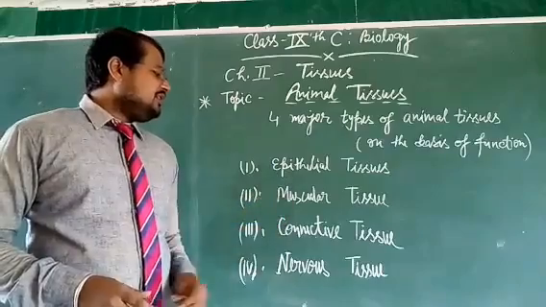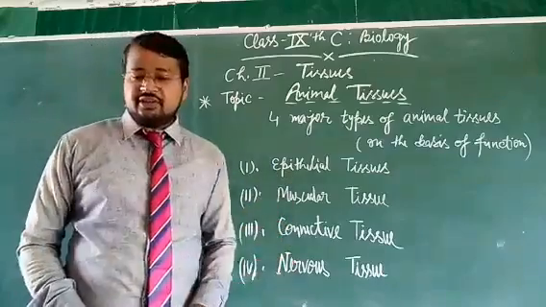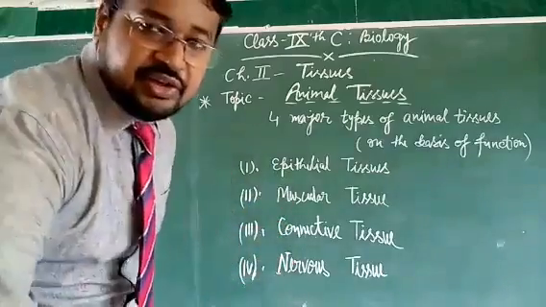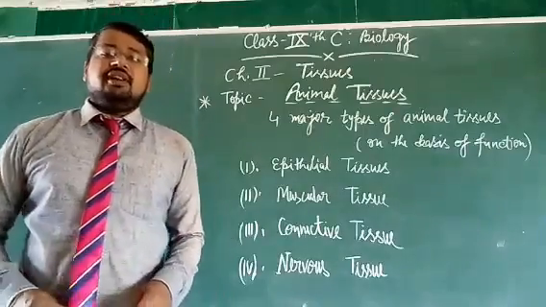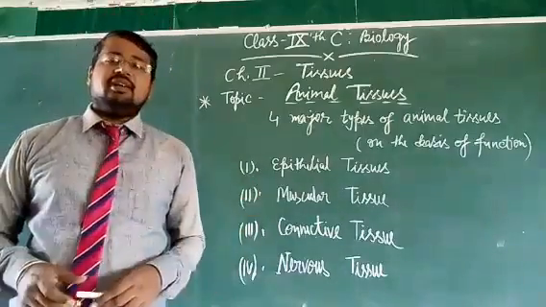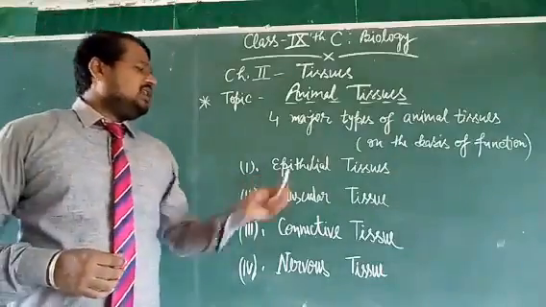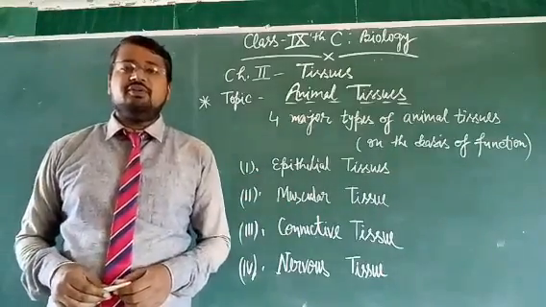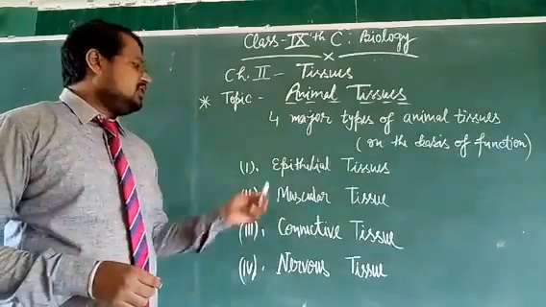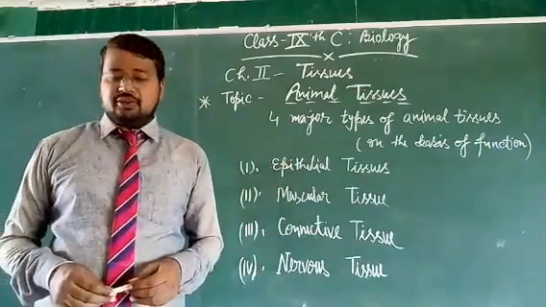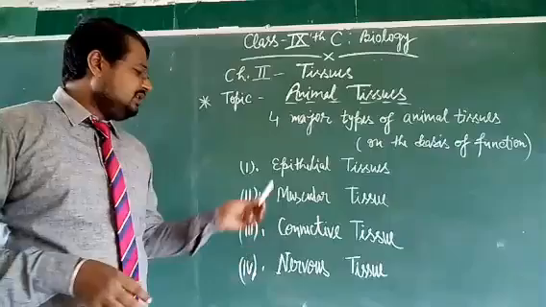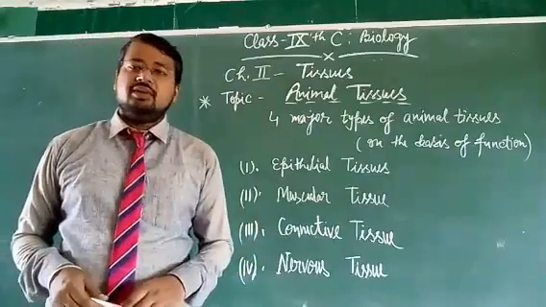First one is epithelial tissue, second one is muscular, third one is connective, and last one is nervous tissue. So we will study these four types that are divided on the basis of their functions. The first one is epithelial tissues. First we need to understand the structure and function of epithelial tissues. After that we will keep on discussing all these four.